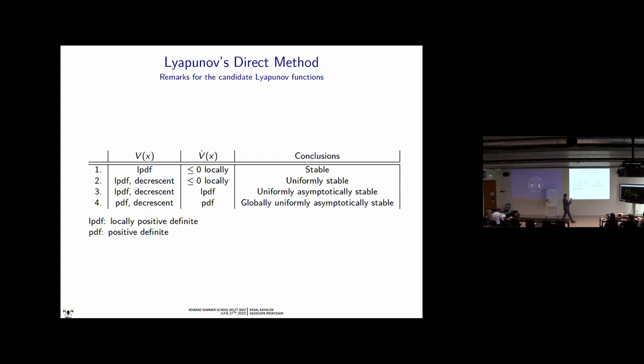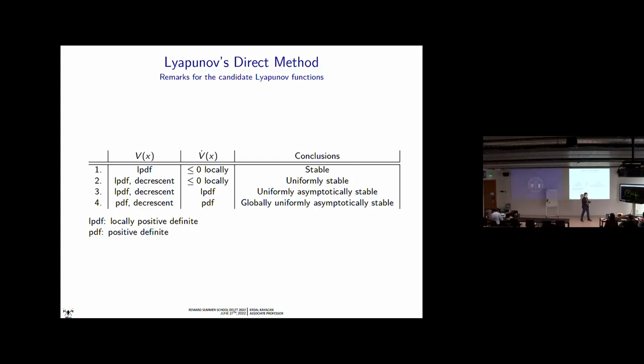After this slide, we have done the definitions of two different kinds of stability: Lyapunov sense of stability and asymptotic stability. There is one more. The last one is exponential stability.